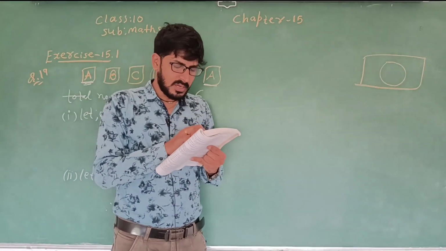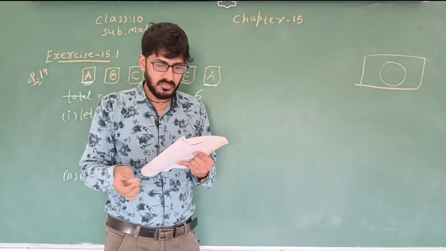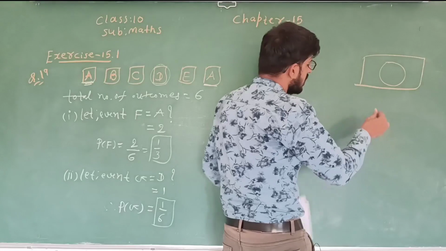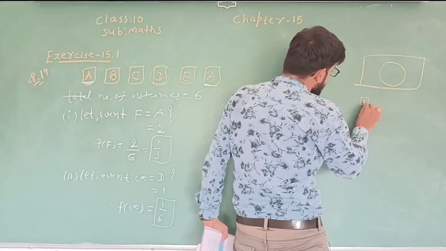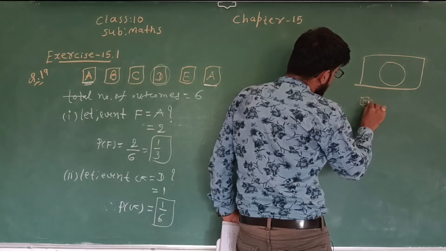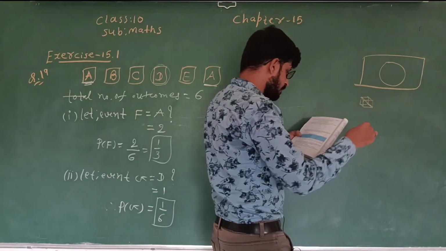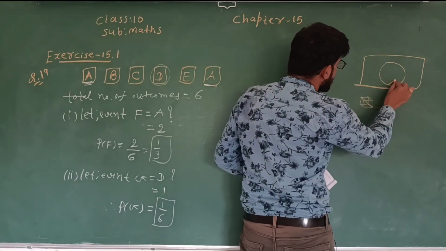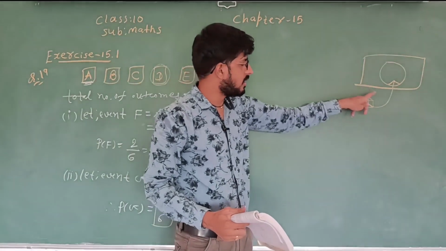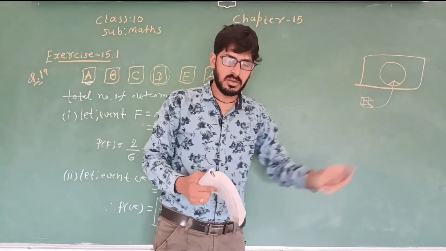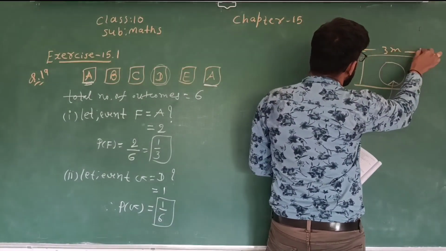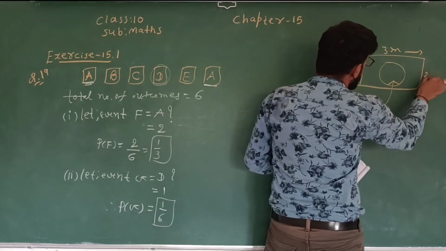What is the probability that it will land inside the circle with diameter 1 meter? We are going to find the probability of the die landing inside the circle. Also given here are 3 meter length and 2 meter breadth.